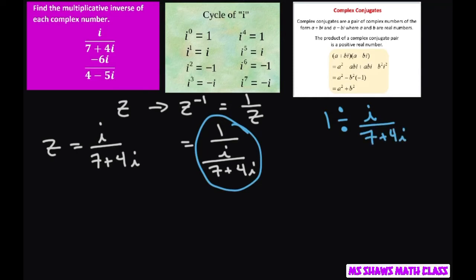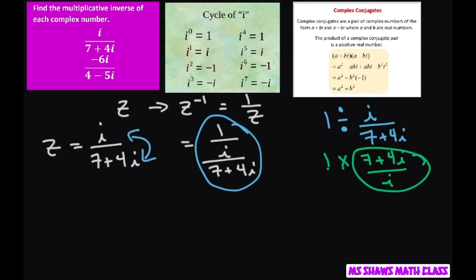And from grade school, we learned this is like 1 times, you keep, change, and flip. So the multiplicative inverse is this. And all we had to do is switch these around. So when you're doing the inverse, you could have just switched the numerator and denominator.